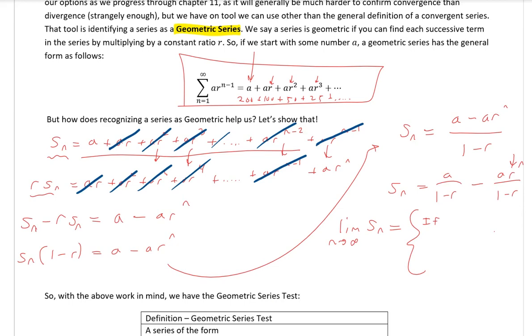If I have that absolute value of r is less than 1, so if r is less than 1, maybe it's something like 1/2 or 1/3, the higher value would be on the denominator taken to an n power. This would go to 0. So if r was less than 1, this would go to 0, which means all I would have left is that this equals a over 1 minus r.